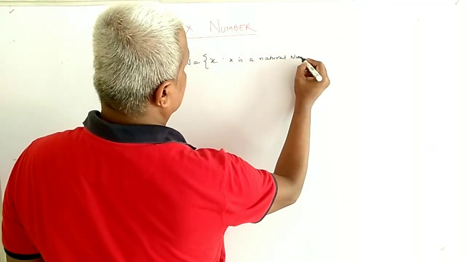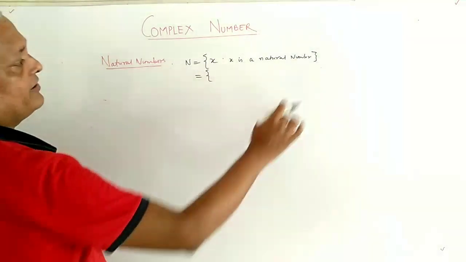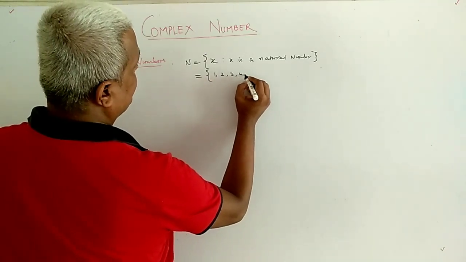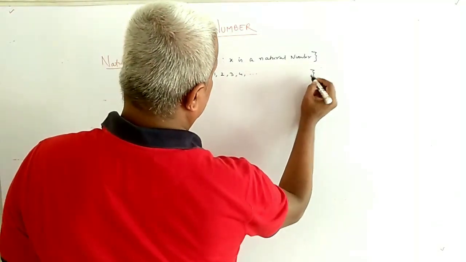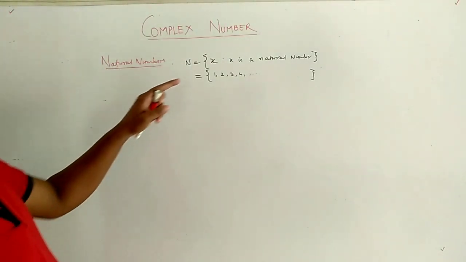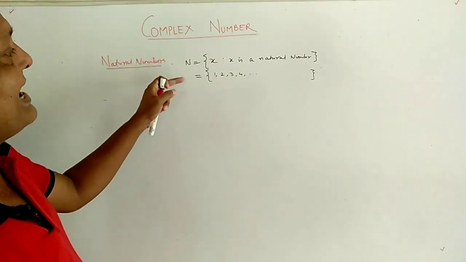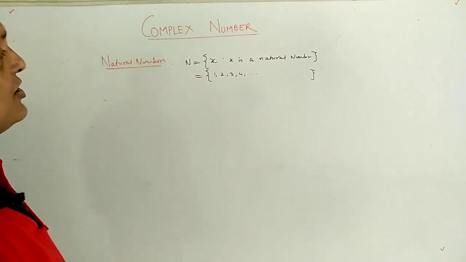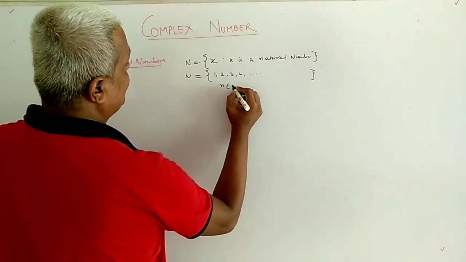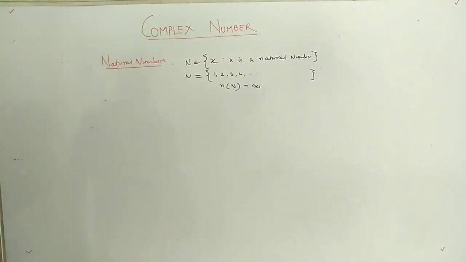Now if you want to write this in the tabular form or the roster form, then you can write N is 1, 2, 3, 4, dot dot dot, and there is no ending, because for every natural number x in this set you can always find its successor just by adding 1 to it. That is called natural numbers. So it is an infinite set, so the number of elements of this set you can say is uncountable or undefined.